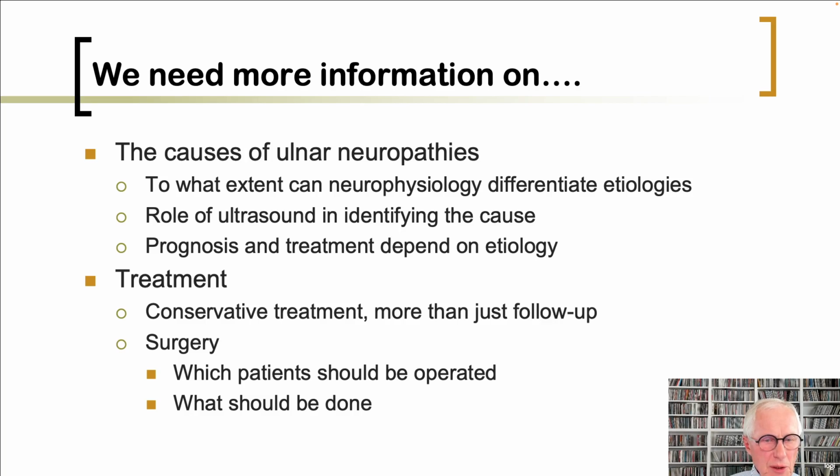Treatment: conservative treatment. We need to help the patient to stop flexing the elbows statically. So we need to advise the patient carefully how he should use the arm. And surgery: which patient should be operated and what kind of surgery should be done. We need controlled studies for this.